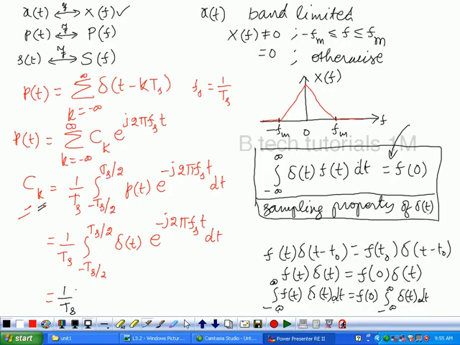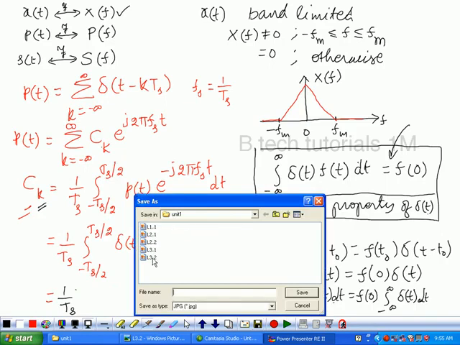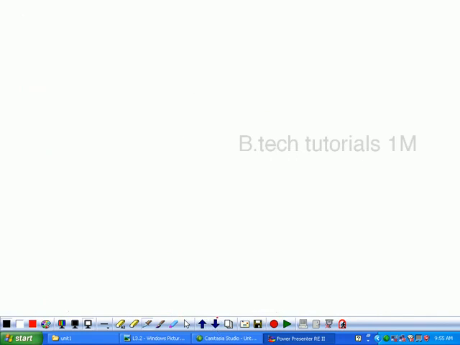Now you substitute this value here. We obtain the Fourier coefficient. You substitute the ck value here. Then what you get is p of t is equivalent to 1 by Ts, sigma k equivalent to minus infinity to plus infinity, e power j2 pi fs k t.